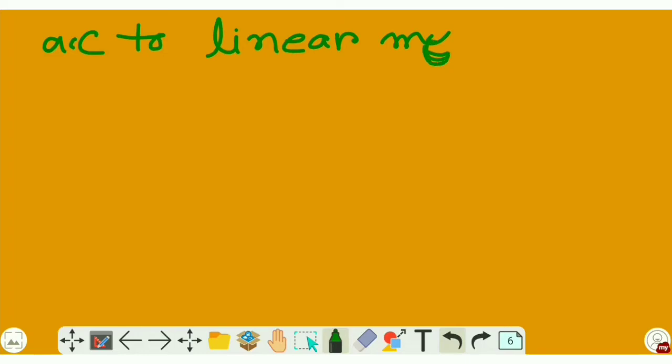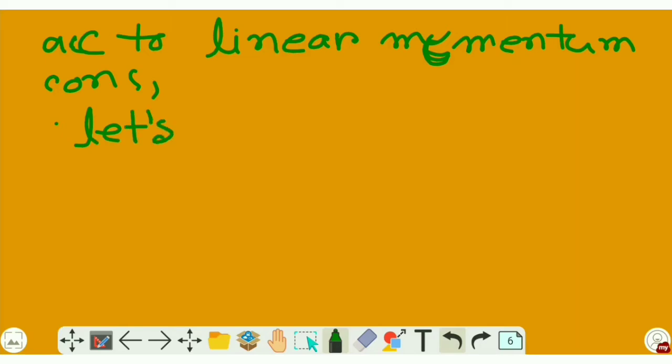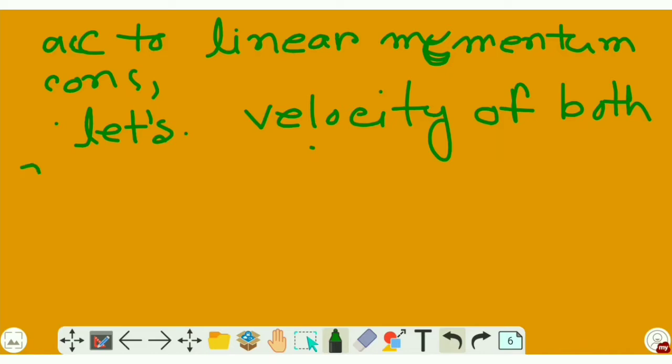So according to linear momentum conservation, let's take the velocity of both masses immediately after the collision.